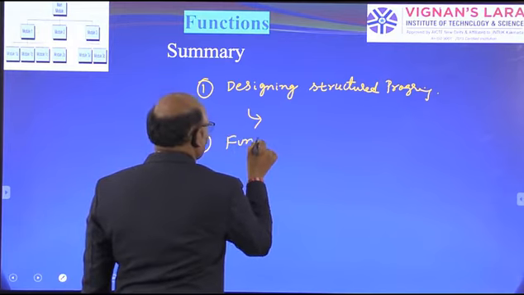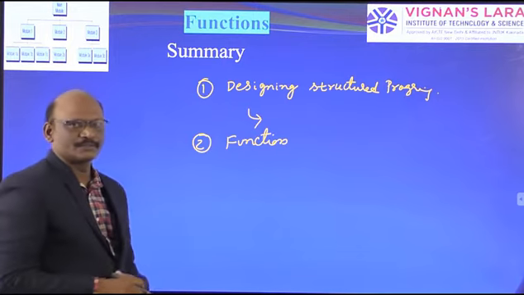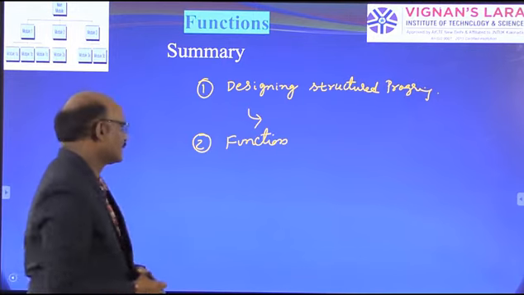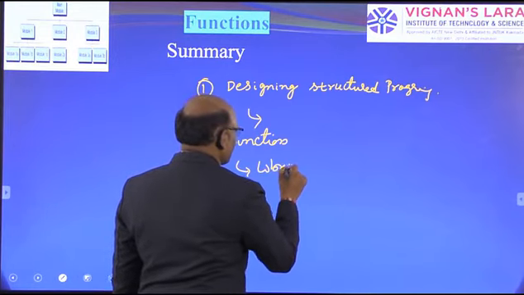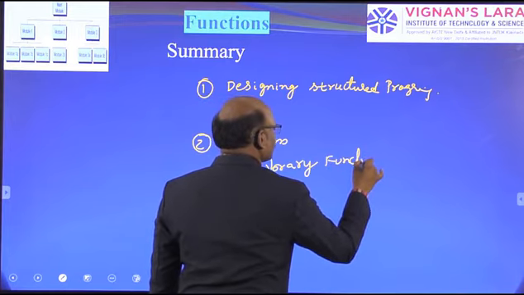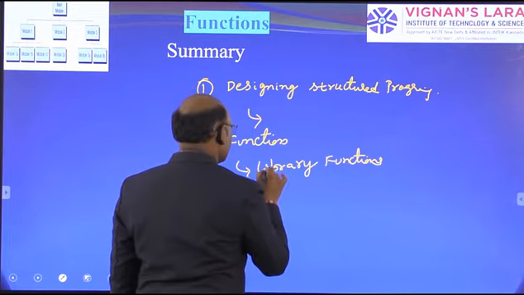The second one is functions. A function is nothing but a group of statements used to perform a specified task. There are two types of functions we have: library functions and user defined functions.